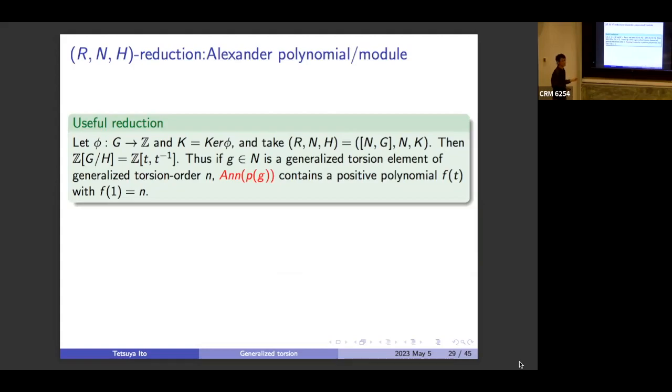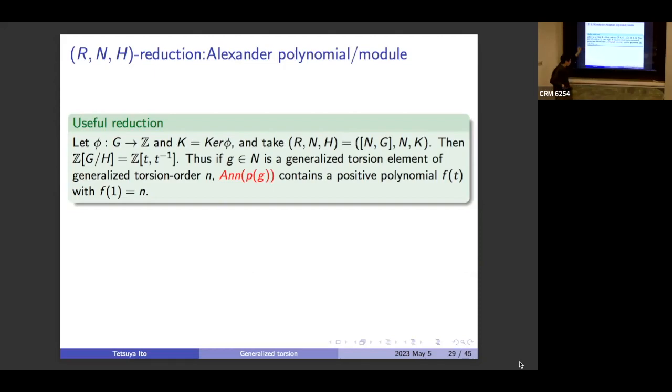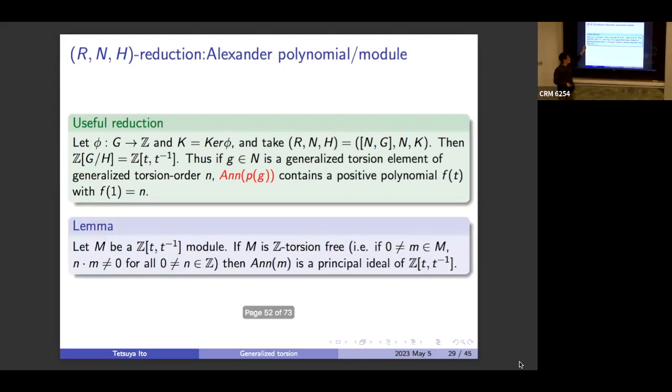So let us analyze what this useful reduction means. If it is a generalized torsion element, then the annihilator ideal contains a positive polynomial whose augmentation is n. First of all, the annihilator ideal: although Z[t] is not a PID, if this module is torsion free, then the annihilator ideal is a principal ideal.